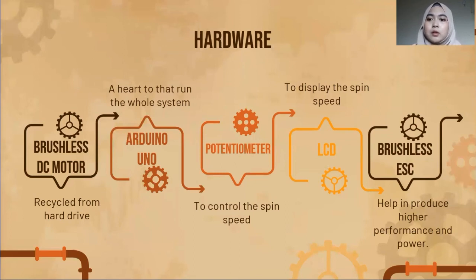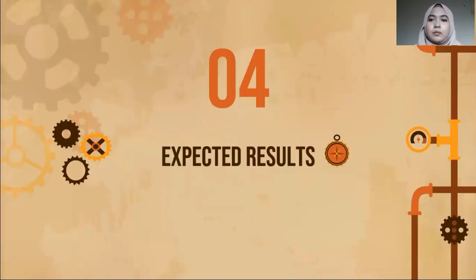The LCD displays the spin speed, and the brushless ESC helps produce higher performance power, since initially the limitation was that it would not produce enough power. So we put in the brushless ESC to produce higher performance and power. Next, we will continue to the fourth section, which is the expected result.